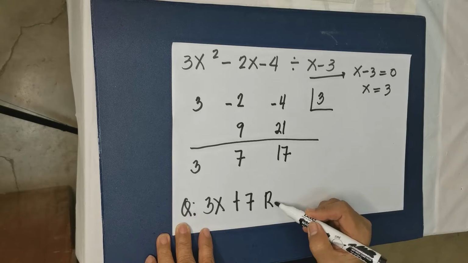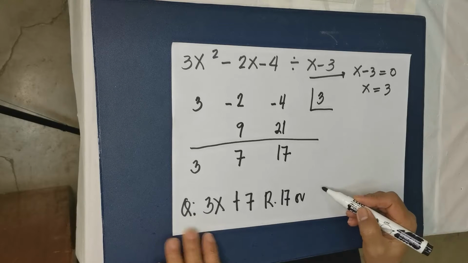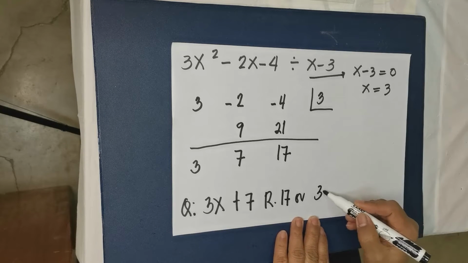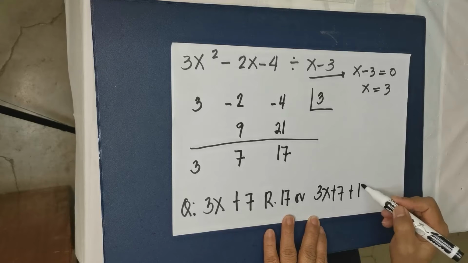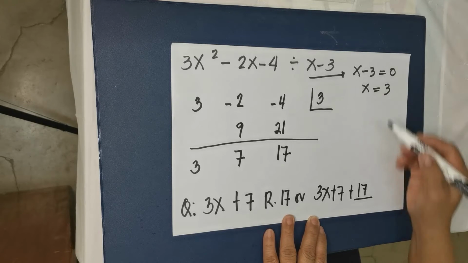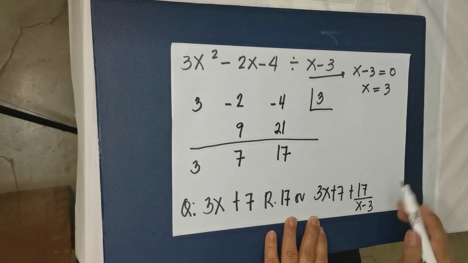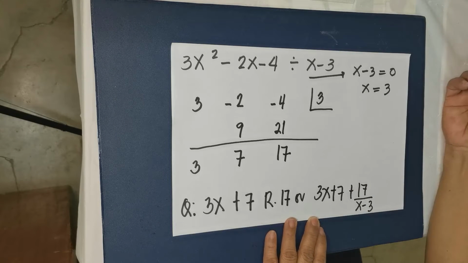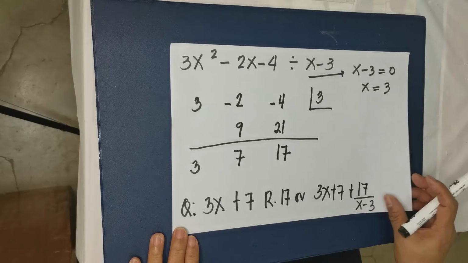Your 17 would serve as our remainder. So therefore, we could write our quotient as 3x plus 7 plus 17 over the divisor of x minus 3. So this is now the quotient of your 3x squared minus 2x minus 4 divided by x minus 3.